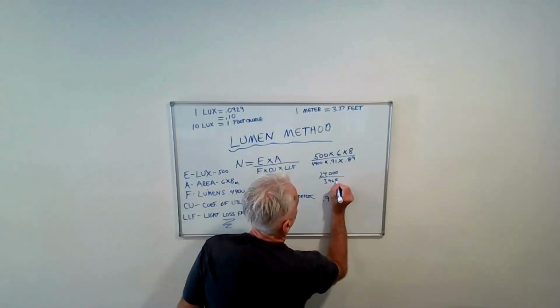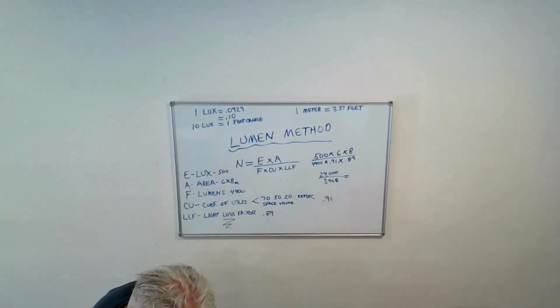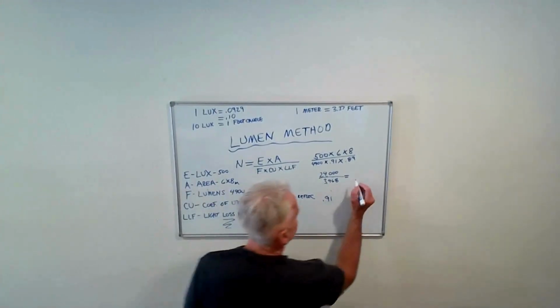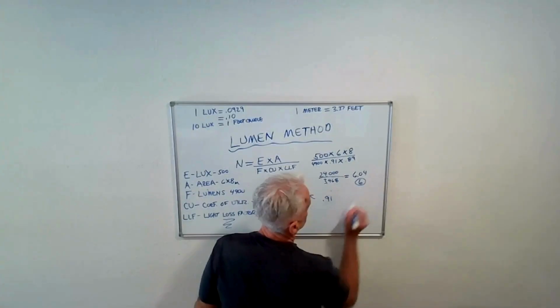All right, so now we simply divide 24,000 by 3968. And we get 6.04 fixtures, or we would just say 6 fixtures.